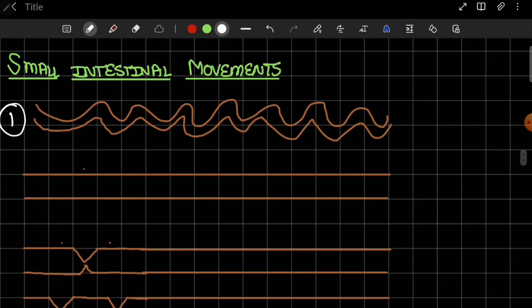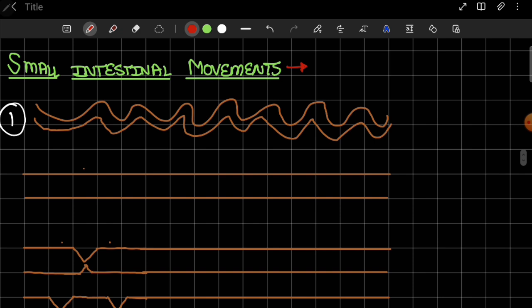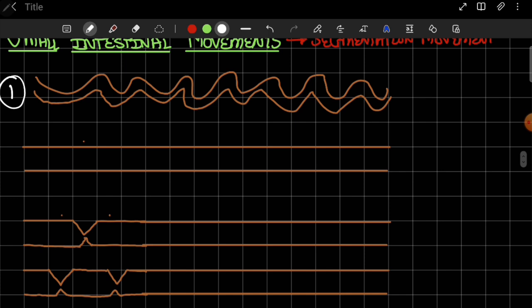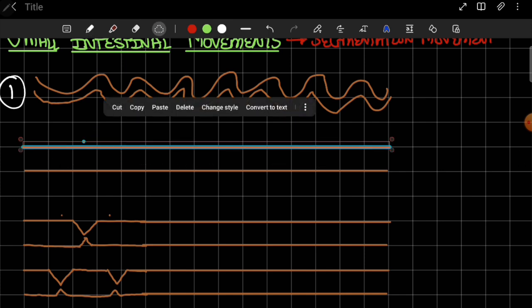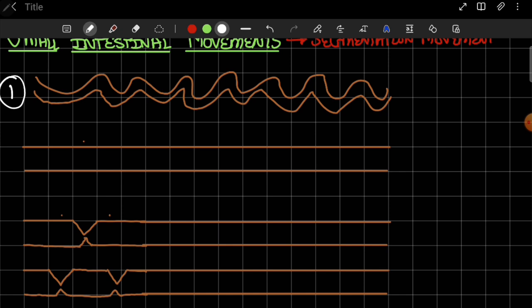Now segmentation. One of the important features of the small intestine is segmentation movement. So what is this segmentation movement? Basically, this is our small intestine. If food comes in the duodenum, a signal goes to the brain, and an efferent signal comes to the intestine and causes a contraction here.